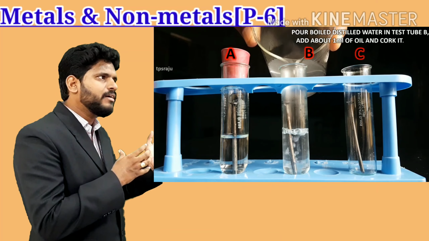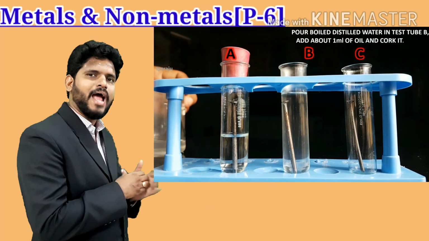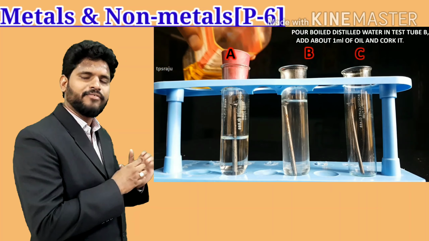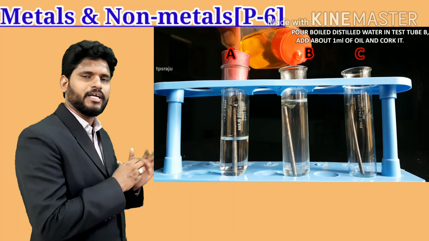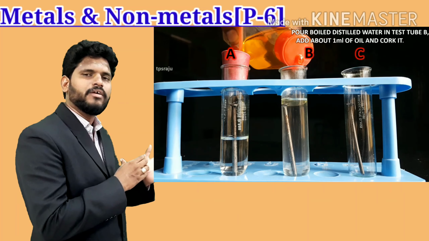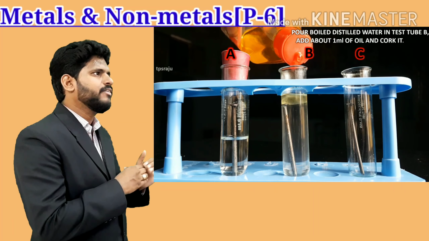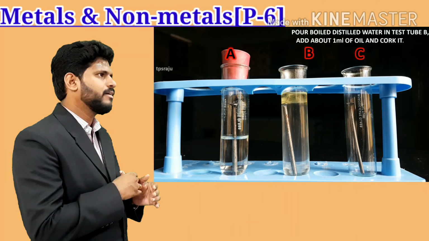To the boiled water, we have to add a few drops of oil. So first we are taking boiled water in the second test tube, adding a few oil drops, and next we close it with the rubber cork.